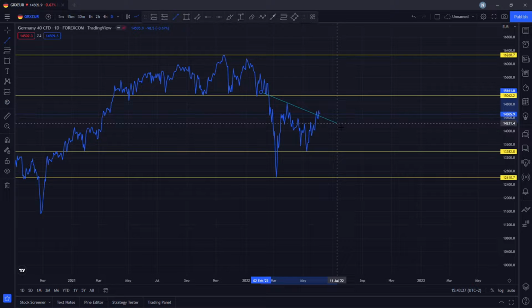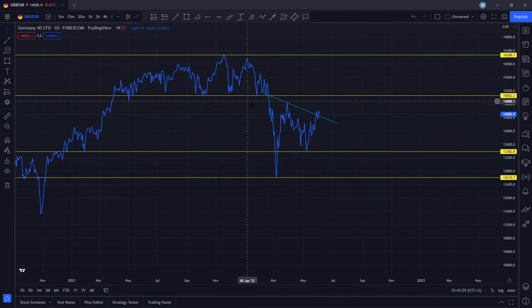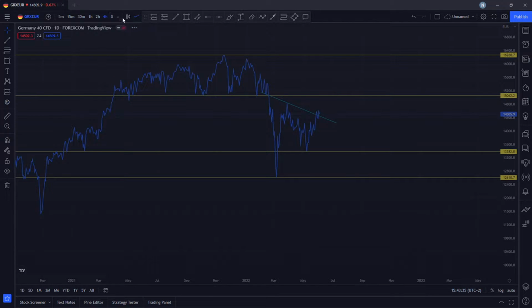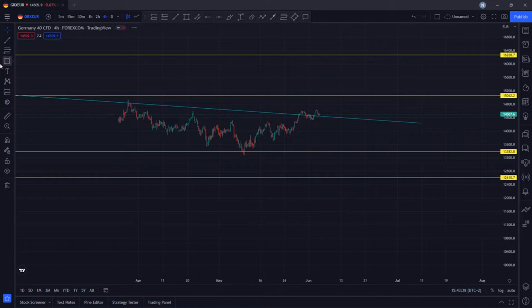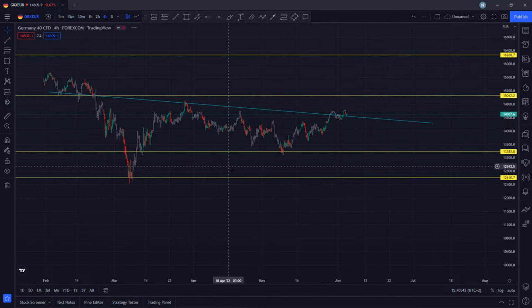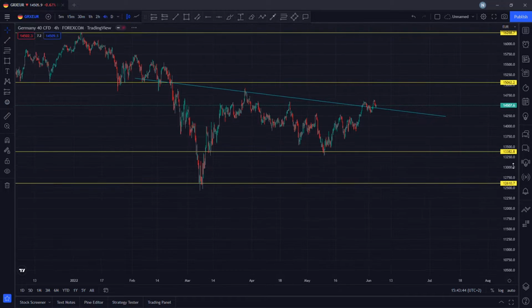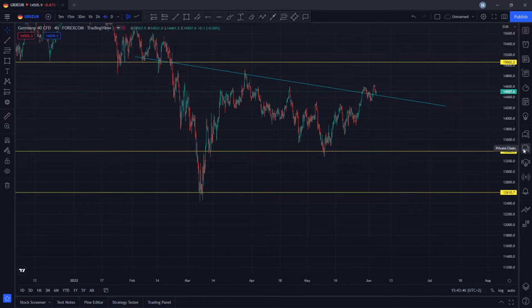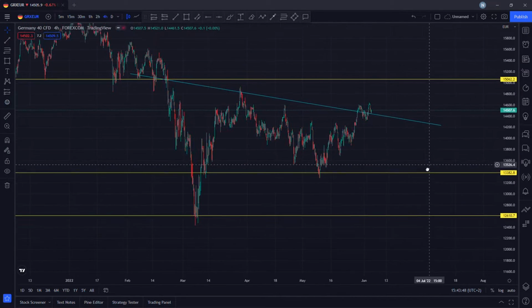I believe if we were to draw this line right there, we can now go to the 4-hour and look at the candlestick formation on the 4-hour time frame. Zoom out like that.